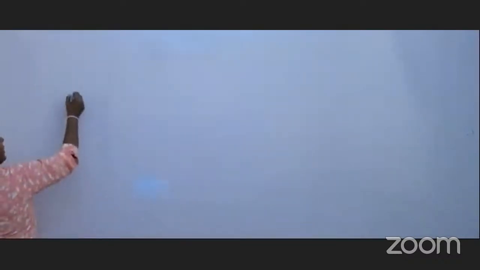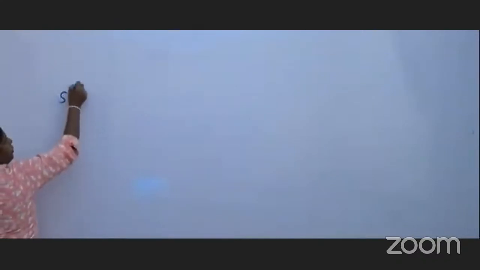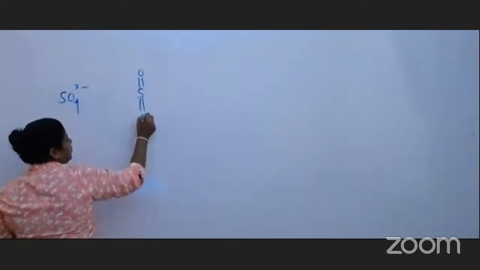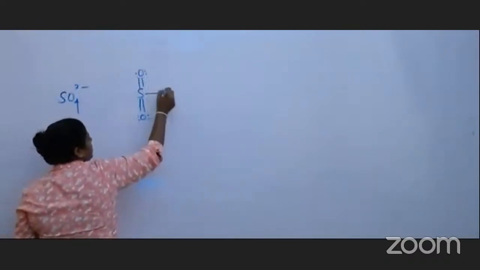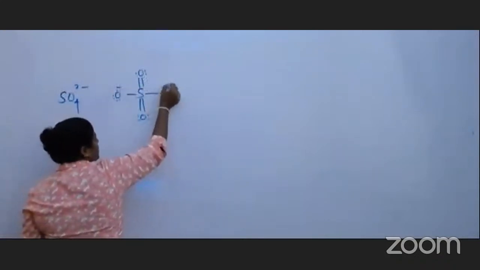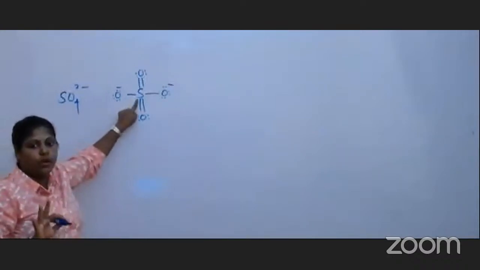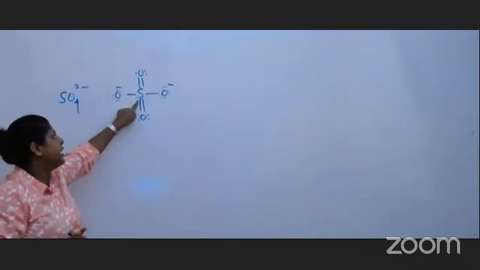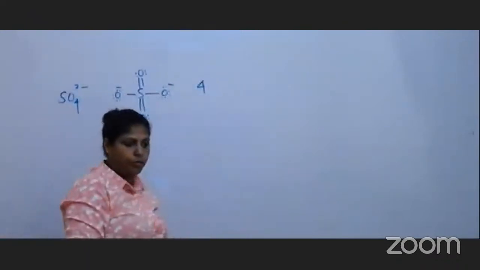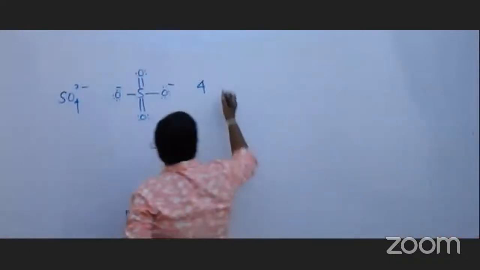If I take sulfate ion, SO4 2 minus, sulfur has 2 double bonds with oxygen and 2 single bonds with oxygen. So now you know how to get the total VSEPRs around the central atom. Here 1, 2, 3, 4. 4. Therefore, hybridization is sp3.